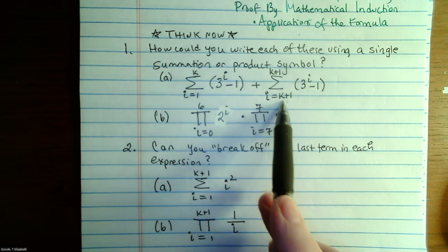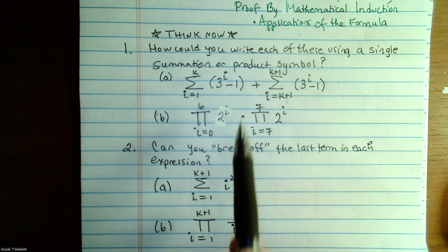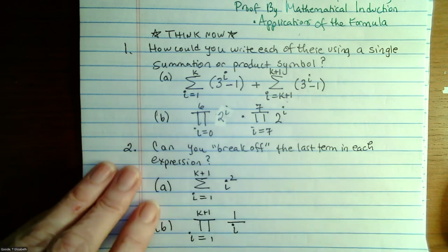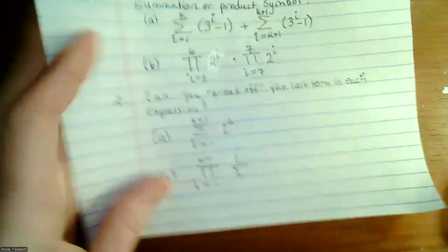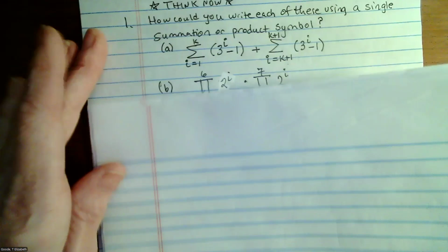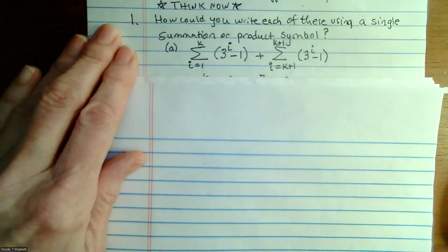It picks up at the next integer value. So let's just think about what this really means so that we can understand how we could write it in a different way, but say the same thing.